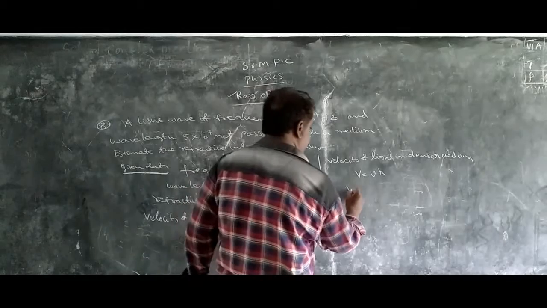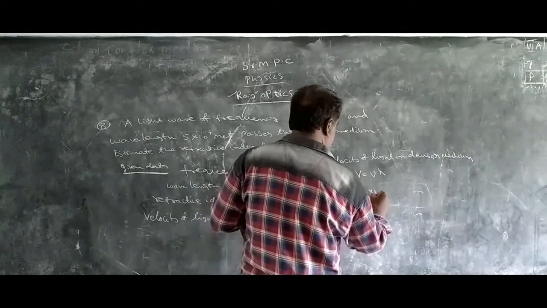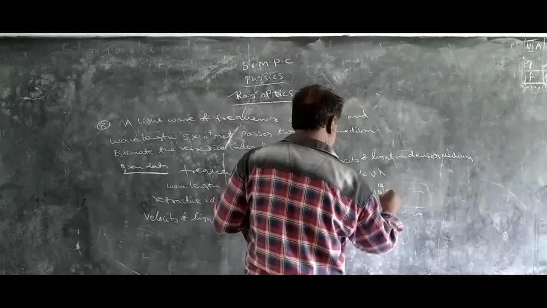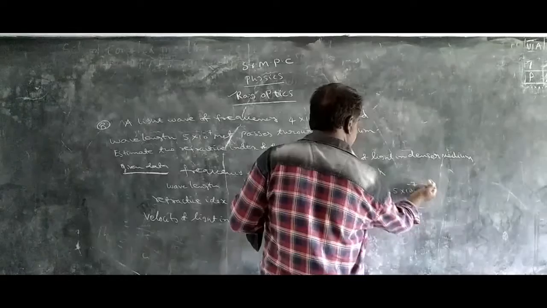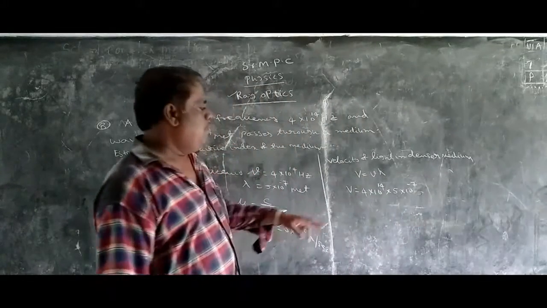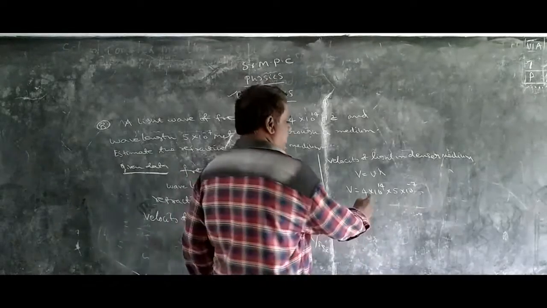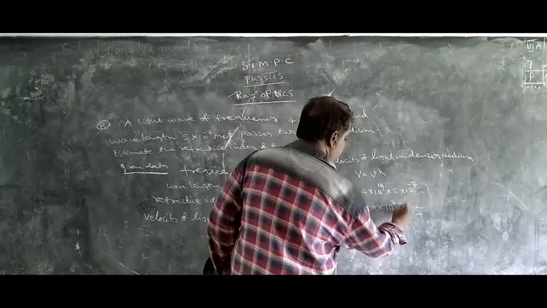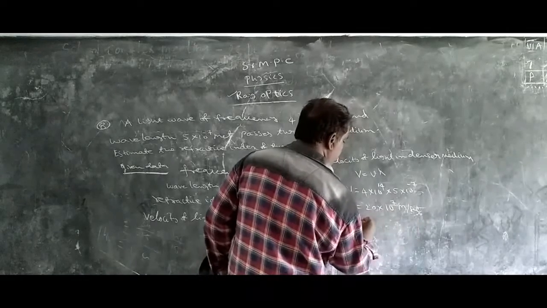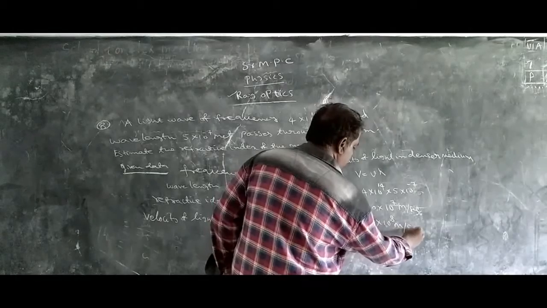So then we can calculate the V value. V is equal to nu 4 into 10 power 14 into lambda 5 into 10 power minus 7. 4 5s are 20. 20 into 10 power 7 meter per second, or 2 into 10 power 8 meter per second.